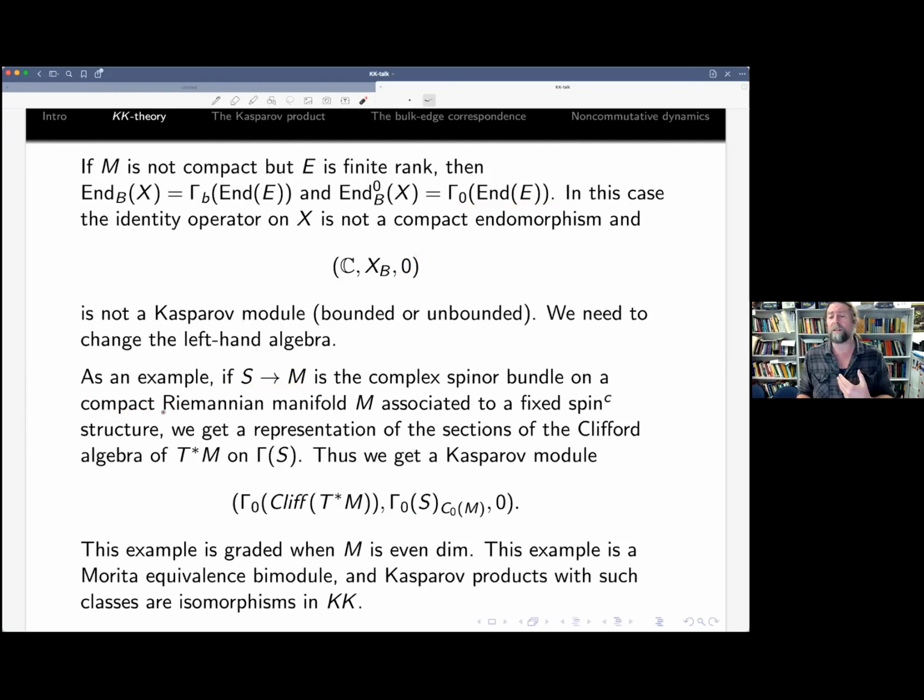Then you can represent the sections of the Clifford algebra constructed from the cotangent bundle as endomorphisms of S. And so you get a Kasparov module here. Okay, and this one is graded when M is even dimensional, and this example is also a Morita equivalence bimodule. So Kasparov products, which I'll talk about soon, with these sort of classes are actually isomorphisms.